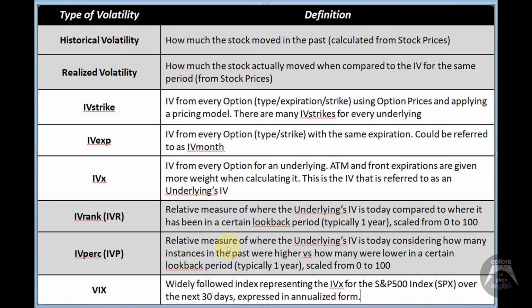So if you have it available to you, I would suggest that you use IVP, IV percentile, rather than IVR. But if you only have IVR, it is much better than nothing, and much better than only using the IV to determine whether you should buy or sell options, or what kind of strategy you want to put on.